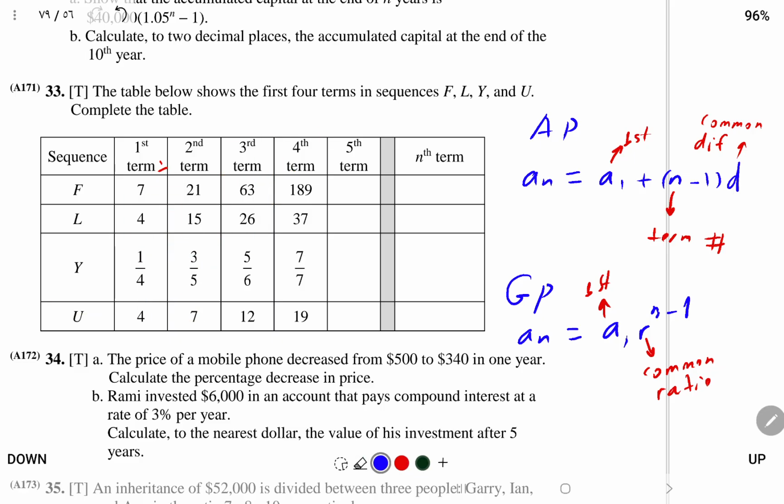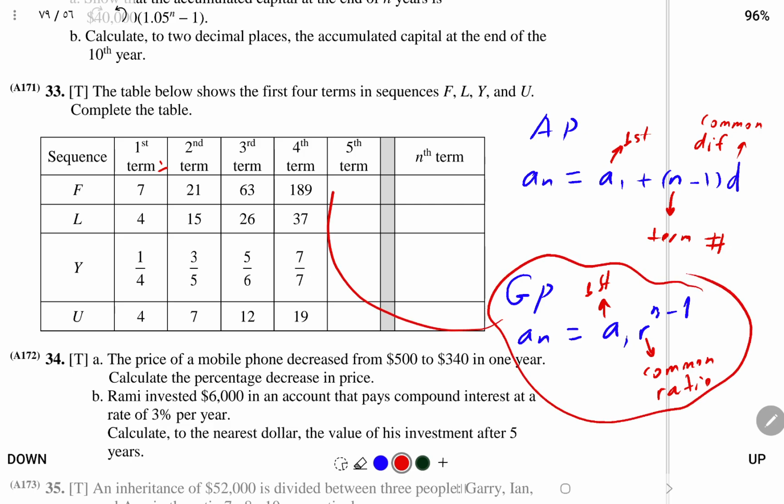So now to find the term number 5, we can use this equation here to find the term number 5 or the fifth term. So you can see a5 is equal to a1, which is 7, multiplied by r, which is 3, to the power of 5 minus 1, which is 4.